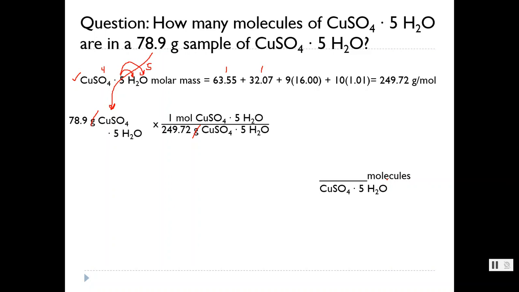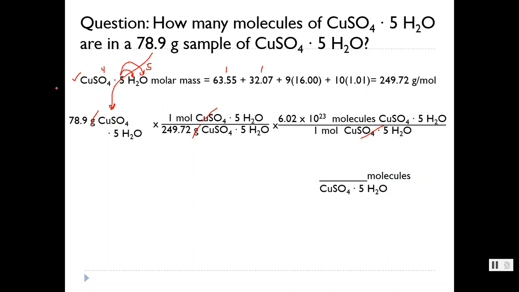So anytime you see the word molecules, ions, atoms, think, oh, those are things that chemists count. I'm going to have to use Avogadro's number to convert. So there's 6.02 times 10 to the 23rd molecules in 1 mole of that hydrate. Again, that's written so my units cancel. I'm left with the molecules of copper(II) sulfate pentahydrate, which is the unit I'm looking for.